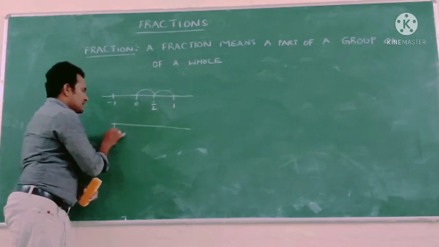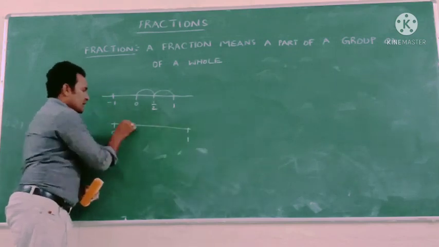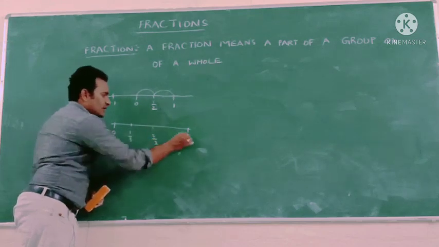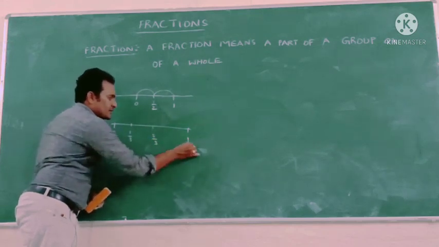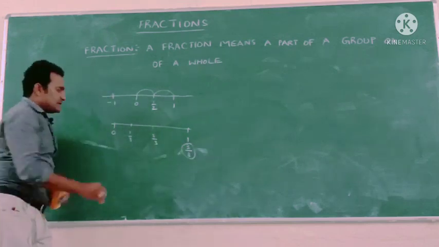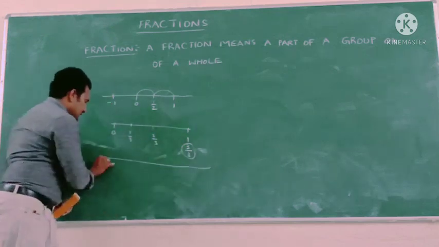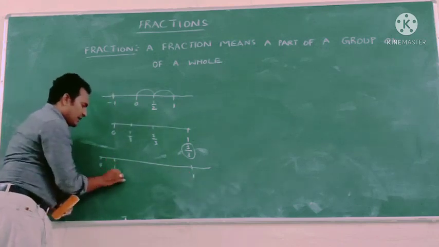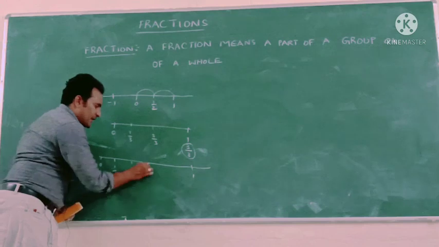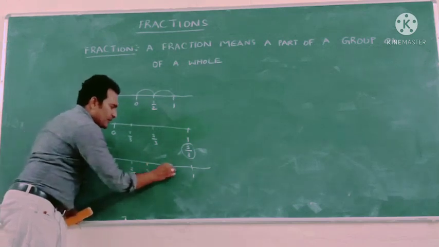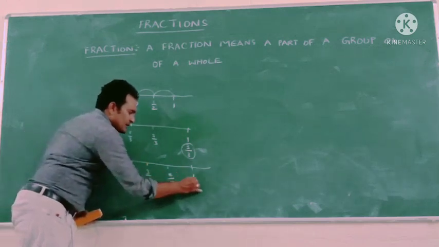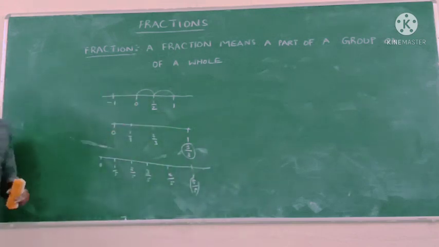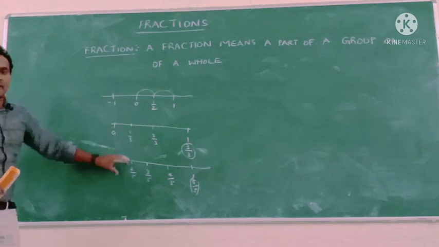In the same way, between 0 and 1, it is 1 by 3, 2 by 3, 3 by 3, this value is 1. In the same way, 1 by 5, 2 by 5, 3 by 5, 4 by 5, and 5 by 5, its value is 1. So these are the fractions on the number line.